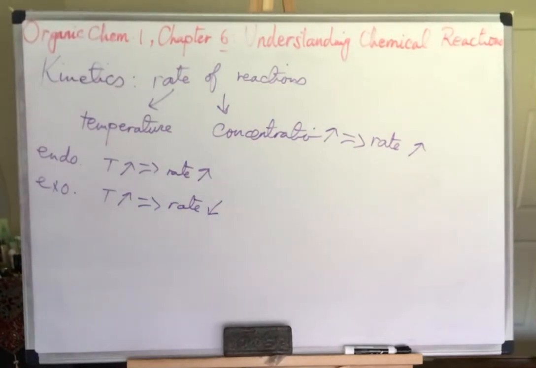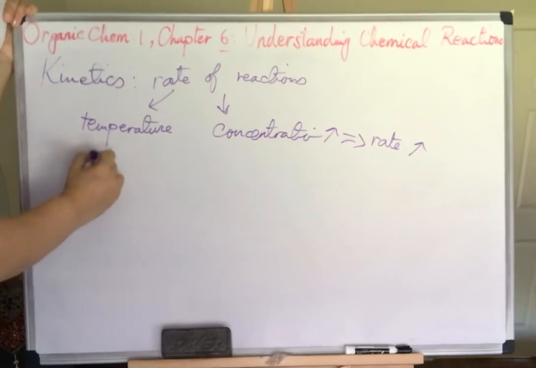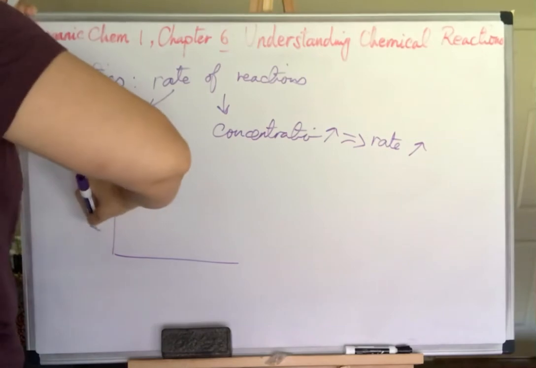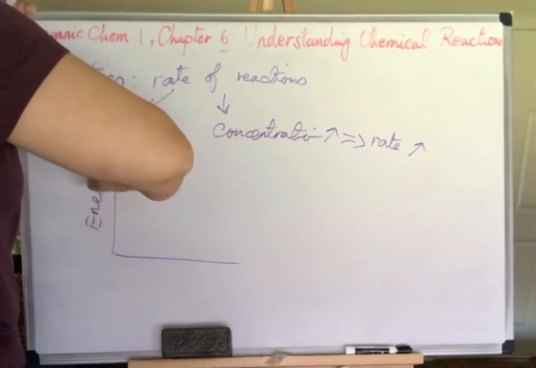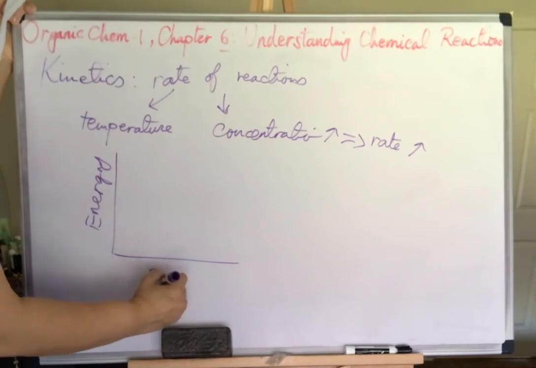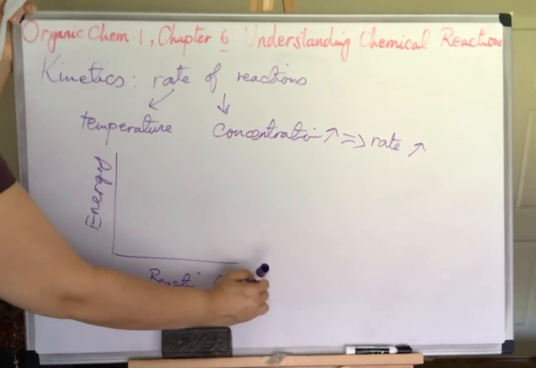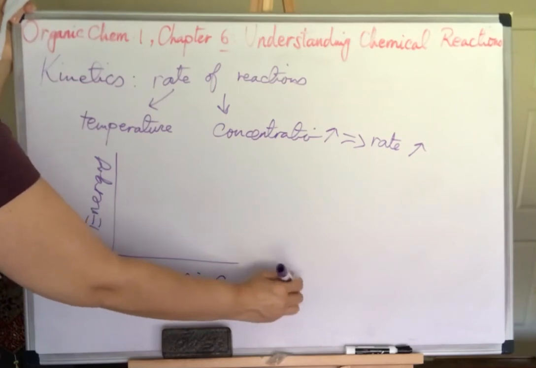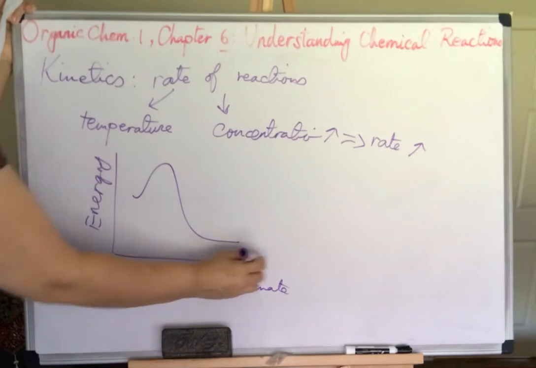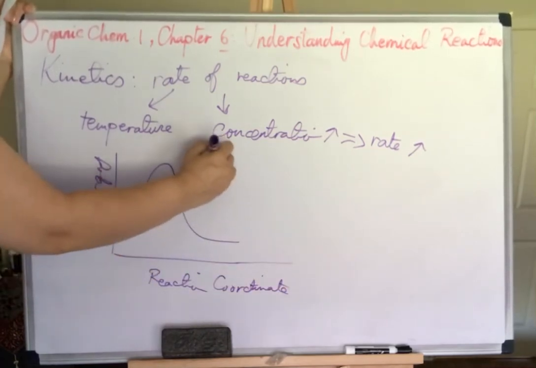What is important for us in kinetics is how to draw the energy diagram in both kinetics and thermodynamics. So the y-axis shows the energy versus the reaction coordinate. Let's say it shows an exothermic reaction, right?